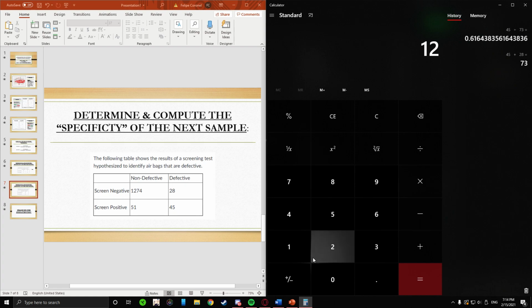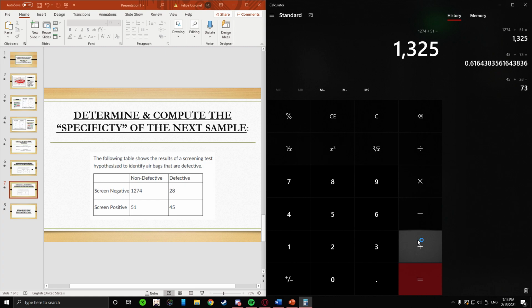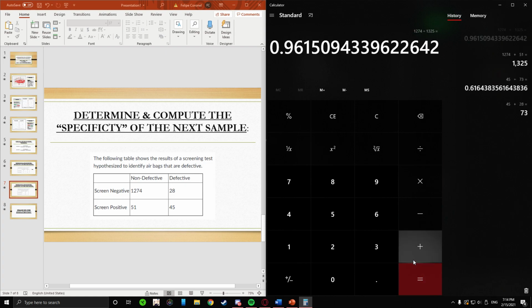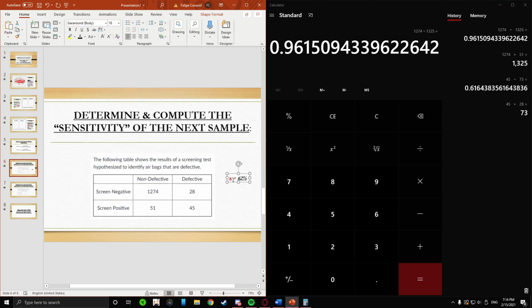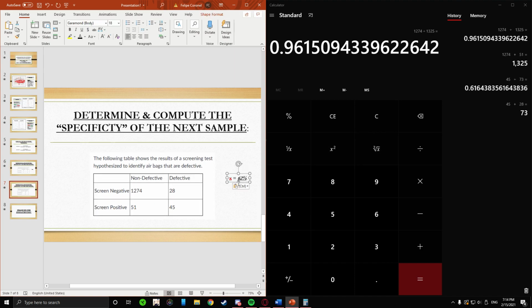That adds up to 1,325. So we divide 1,274 by 1,325, and it gives us 96%. We're going to copy this, paste it as the answer, and that's basically it.